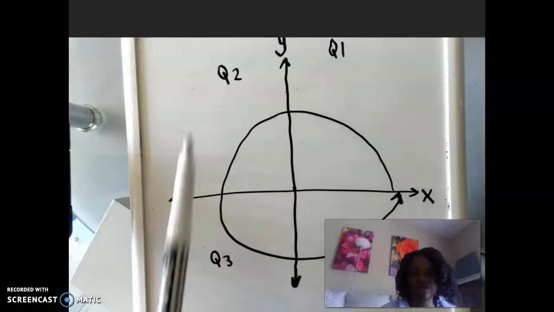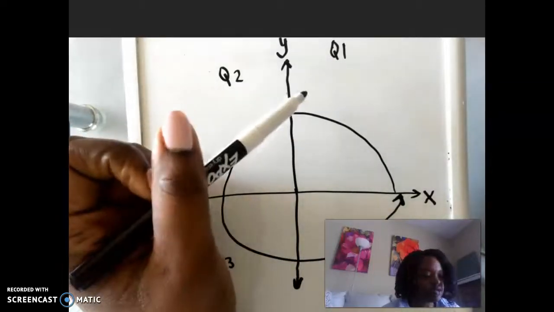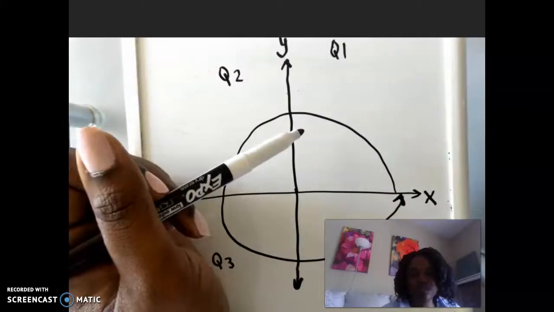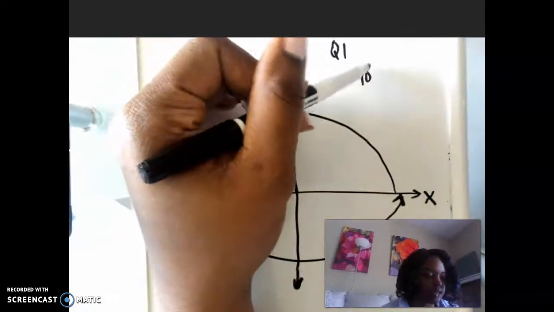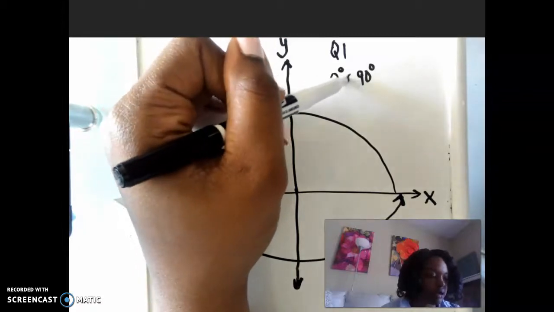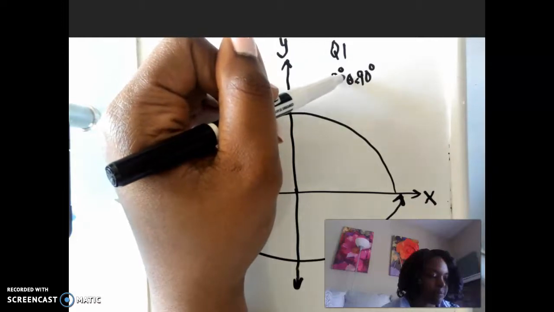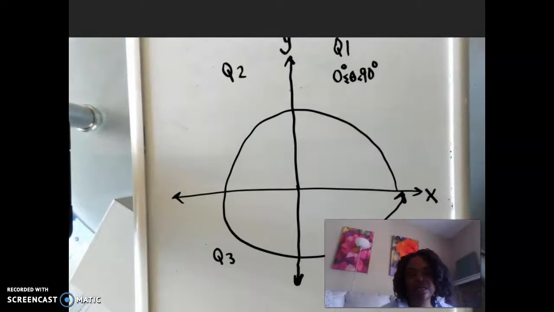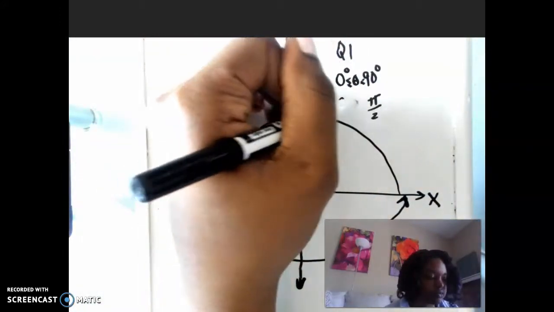So it's a counterclockwise rotation. In this first quadrant, the angles represented in the unit circle are between 0 and 90 degrees. Let's call our angle theta. Or in radians, it's between 0 and pi over 2.